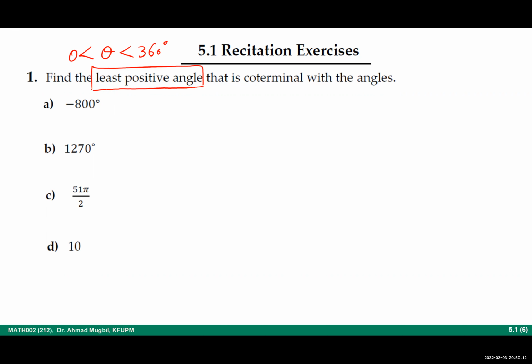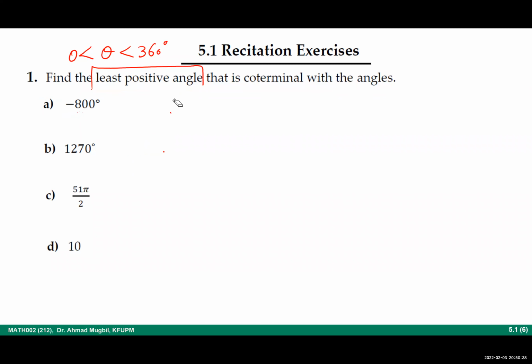For example, I can ask you the same question in another way: in which quadrant is this one? To decide, you need to cancel the additional rotations until you have an angle in quadrant number 1, 2, 3 or 4, which is, of course, between 0 and 360 degrees.